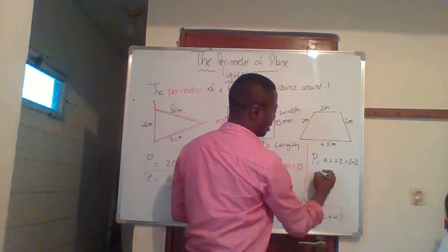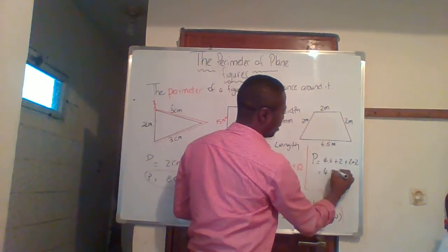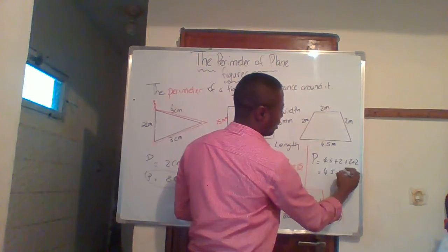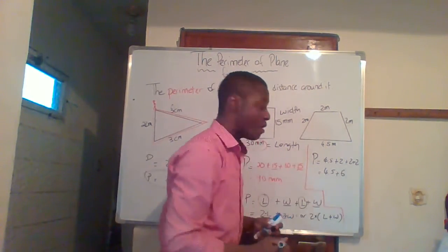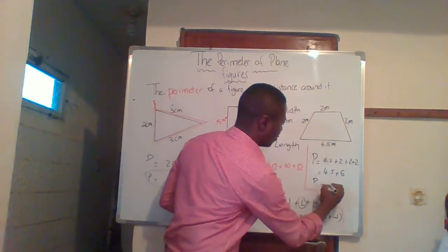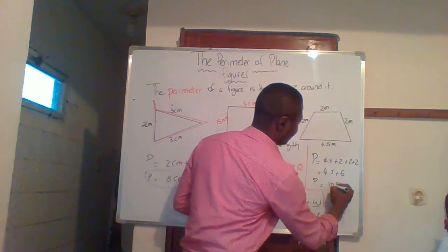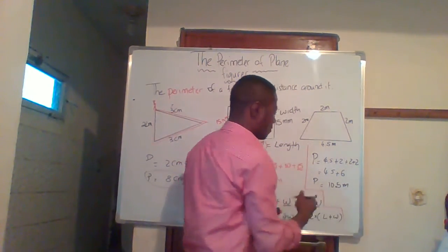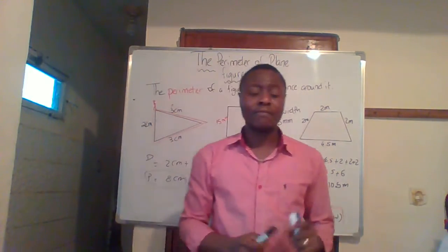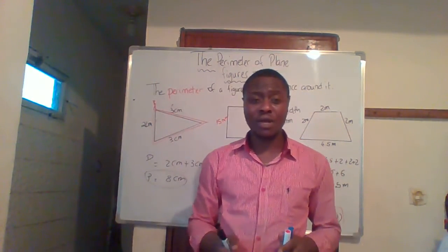So it's basically 4.5 plus, this is 6, 2 plus 2 plus 2 is 6, and the perimeter is equal to 10.5 meters.